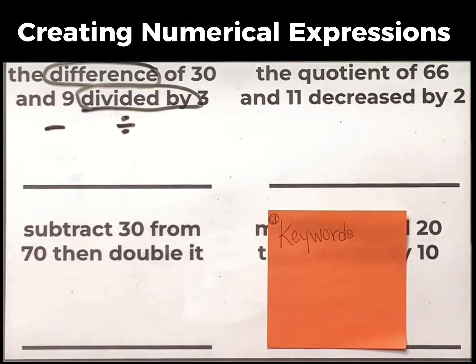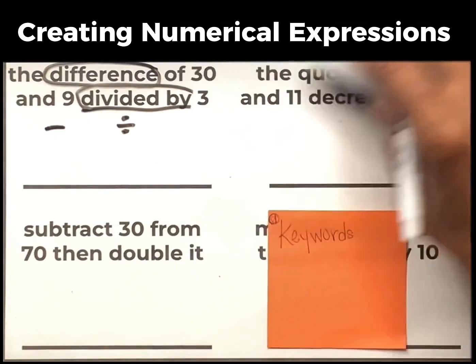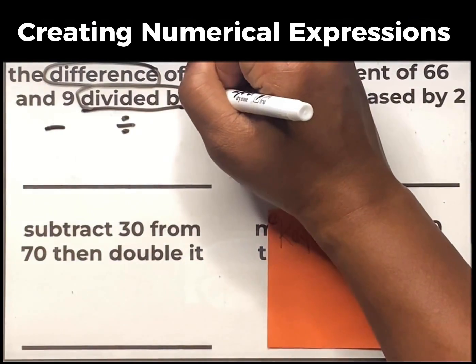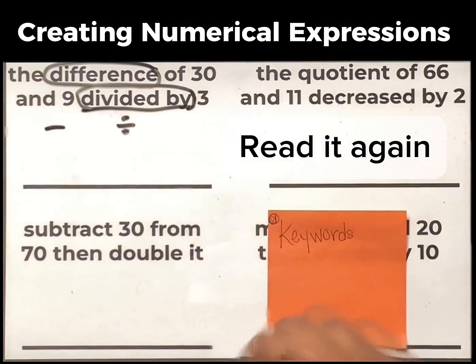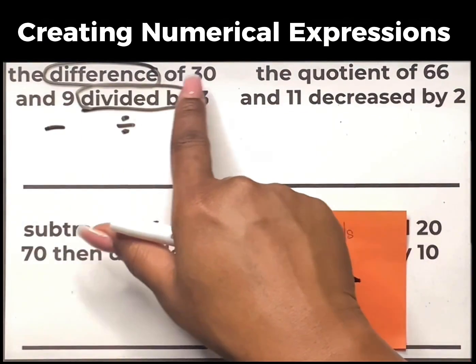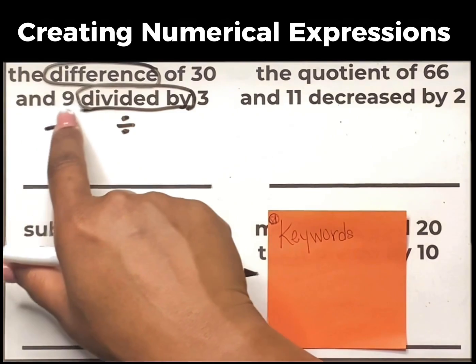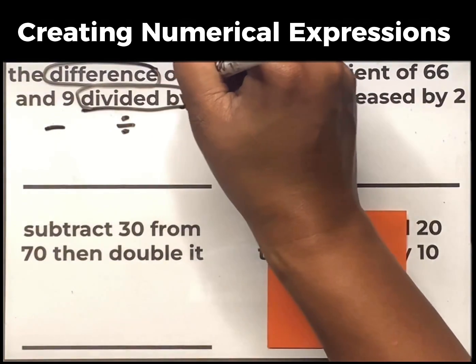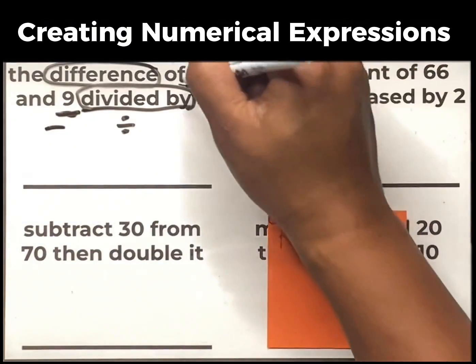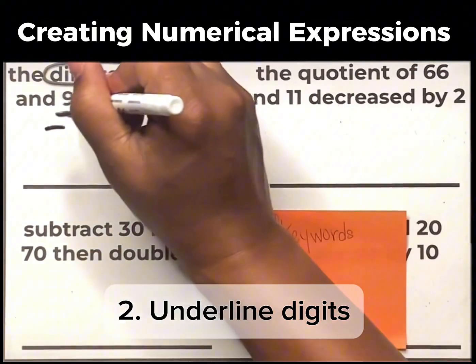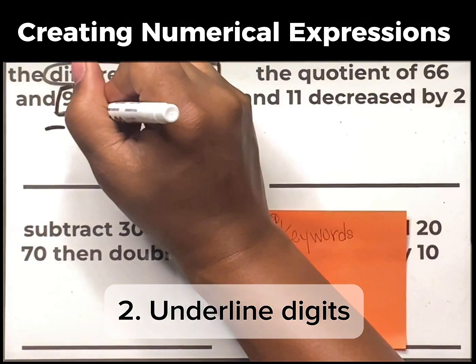Okay. Now that I've identified keywords, let's read it again and see what numbers are associated with those keywords. The difference of 30 and 9. Underline 30, underline 9. Some students like to put a box around them.